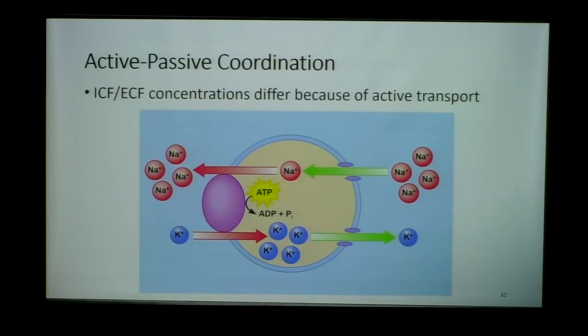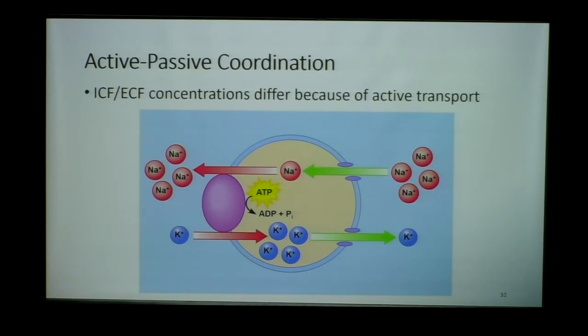Okay, now I was sort of alluding to this idea a little bit earlier. We talked about the various ICF and ECF concentration of certain ions. Now we know typically at rest, a cell is more negative on the inside, more positive on the outside. We also know that the various ion concentrations are such that there's more sodium outside and there's more potassium inside the cell.